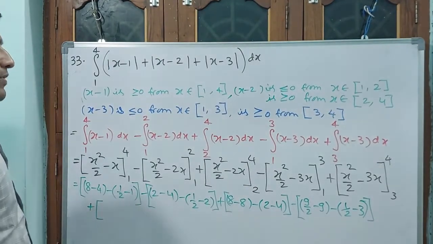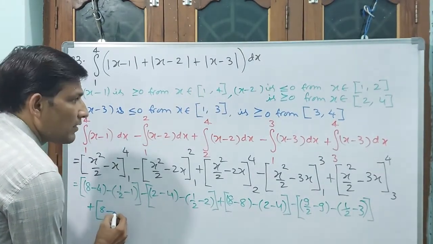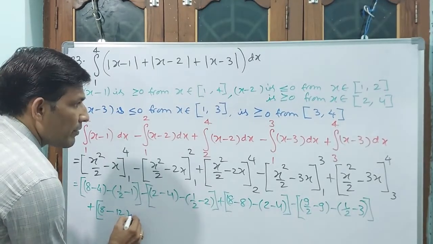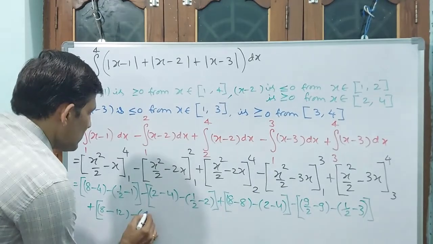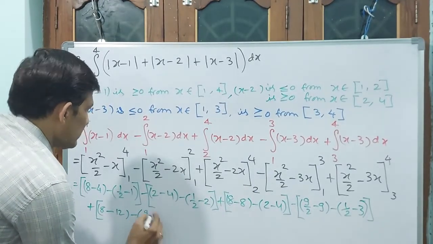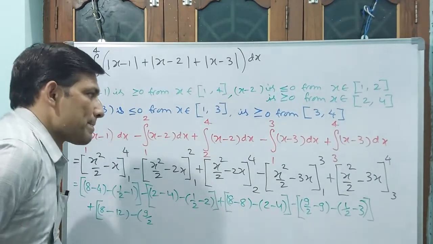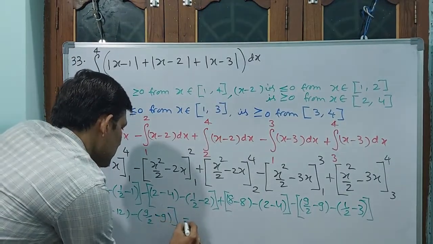Write down 4 square 16 by 2 is 8, minus 4 into 3 is 12, minus lower limit 3 square 9 by 2 plus 9 by 2, minus 3 into 3 is 9, close.